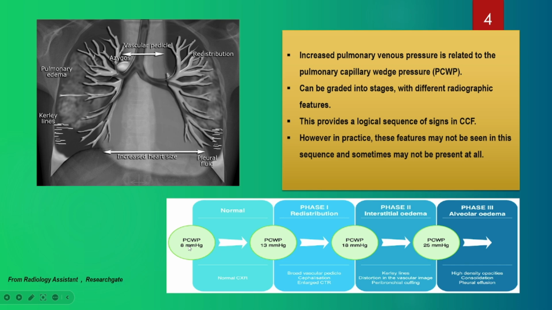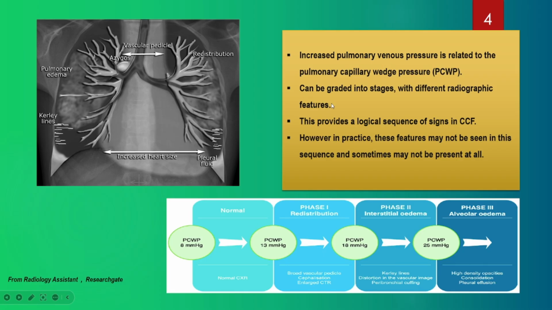In practice, we measure pulmonary capillary wedge pressure to assess the increased pulmonary venous pressure, because it is related to it.